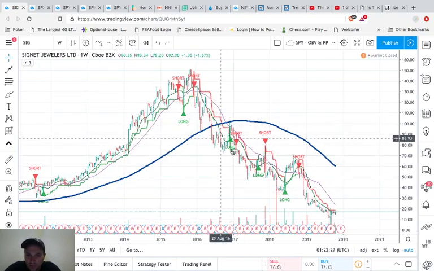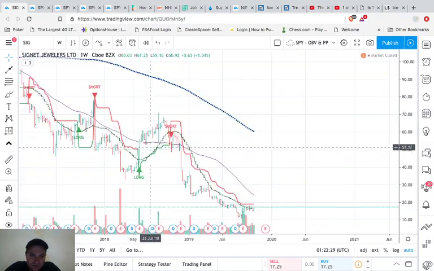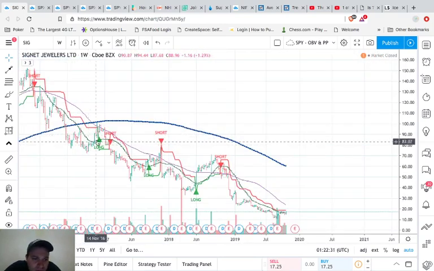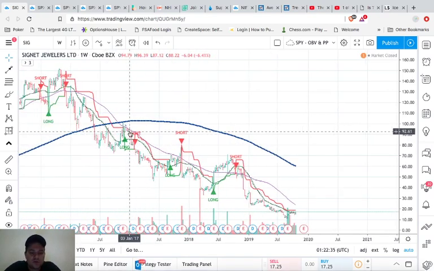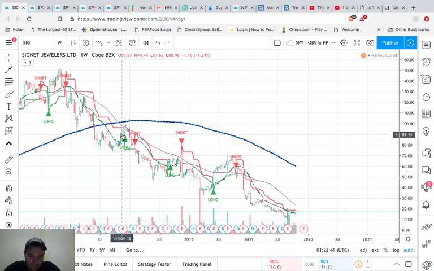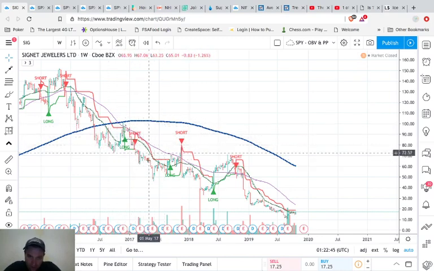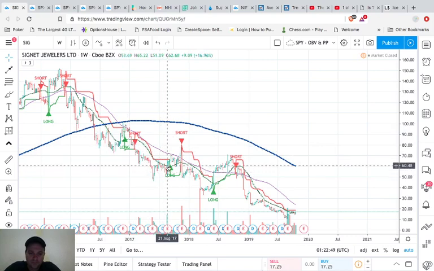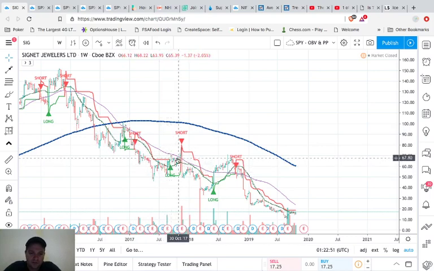But it gave a couple, I don't want to say false signals, but the shorter the time frame, the more you have to pay attention, I guess I should say. Here was a losing trade. He'd have made it all back here, but here wasn't really a losing trade, but you had to be more aware.